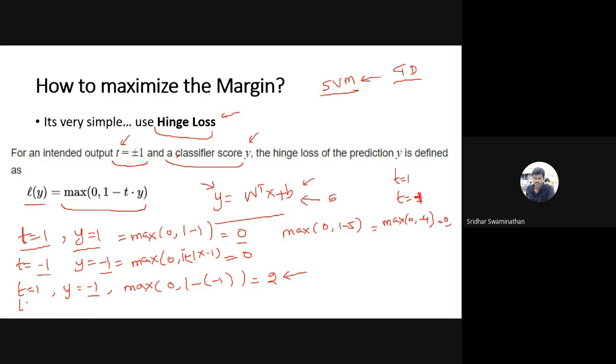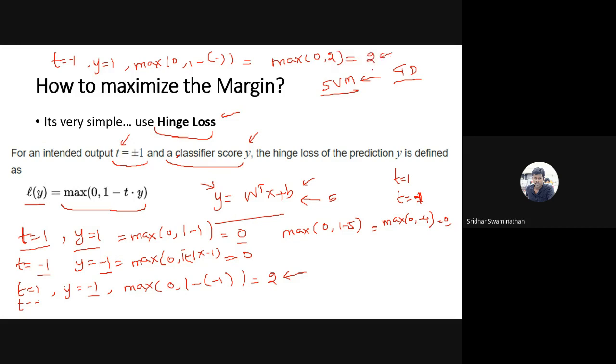Similarly, if t is equal to -1, but the value you have given is 1, then again max of 0, 1 minus -1 will become max of 0, 2, which is 2.